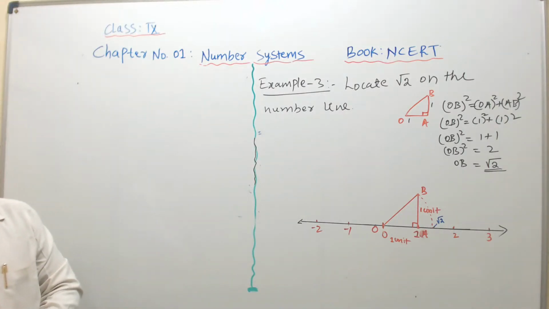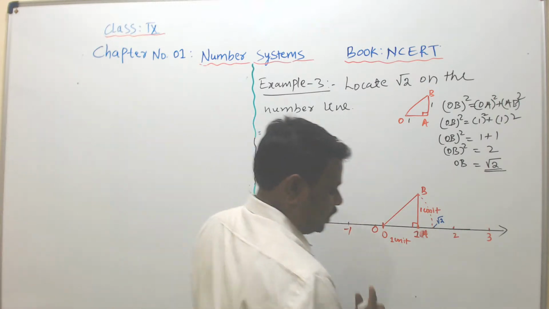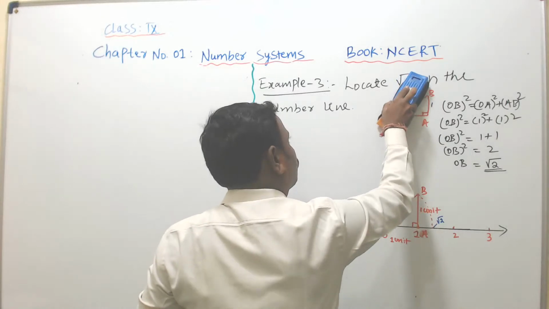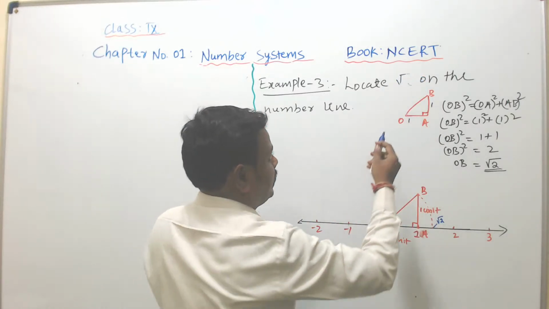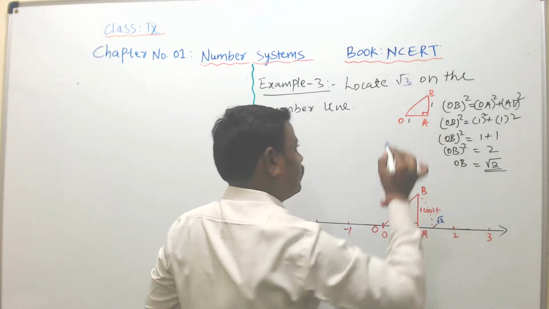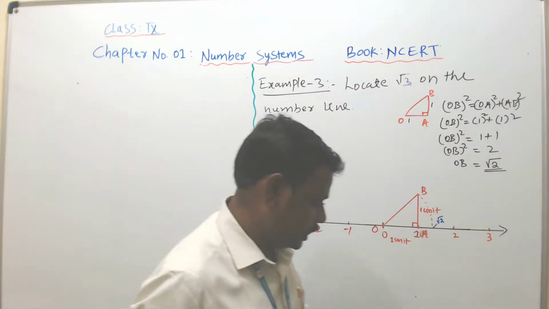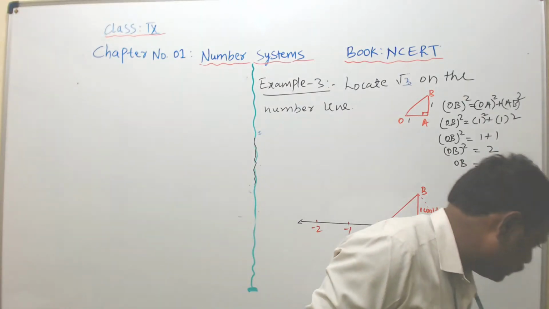Suppose root 3 instead of root 2 you have to consider, then I will explain on this diagram how to locate root 3 on the number line. Simple.